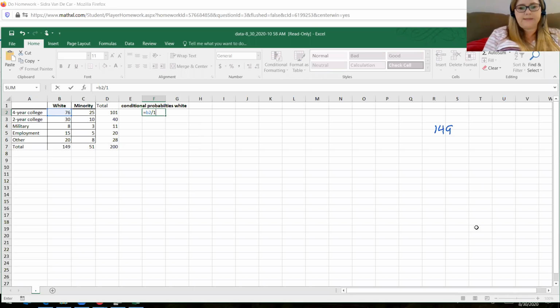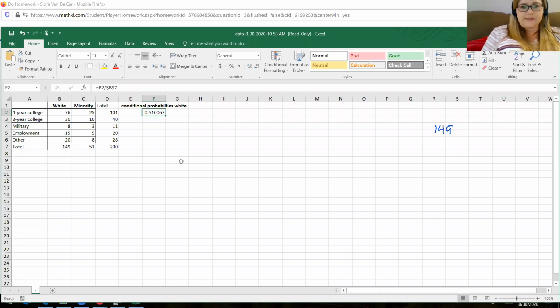The 149 is how many white students there were. I could either type in 76 divided by 149, or I can use the $ symbol, which holds the item that follows in place. So I want to keep column B fixed, and I want to keep row 7 fixed. I don't want that to change.